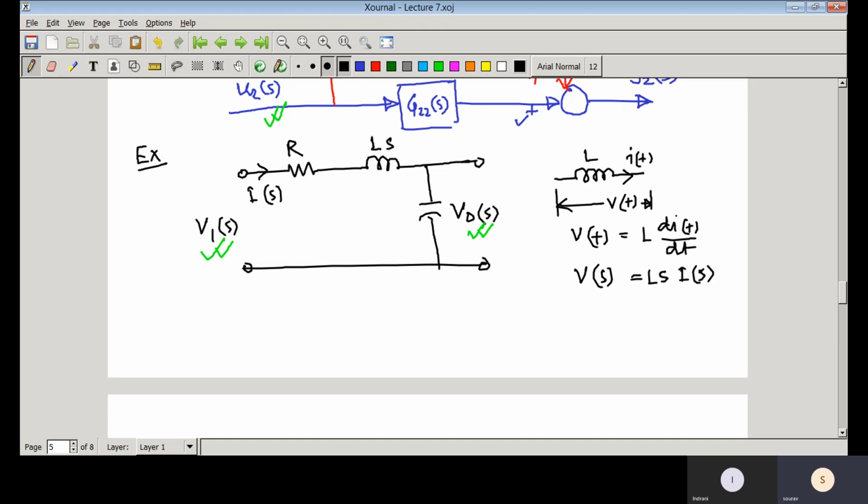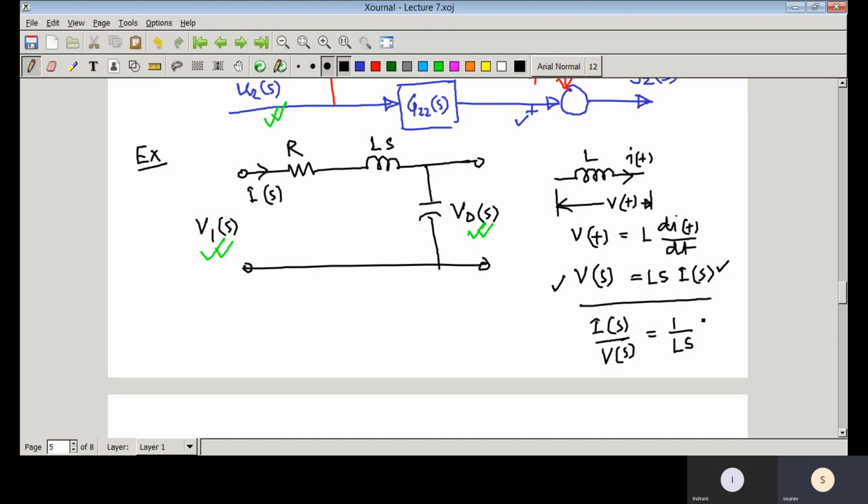This is the input and output relationship. If you take input as V(s) and output as I(s), then you will get I(s)/V(s) equal to 1/(Ls).